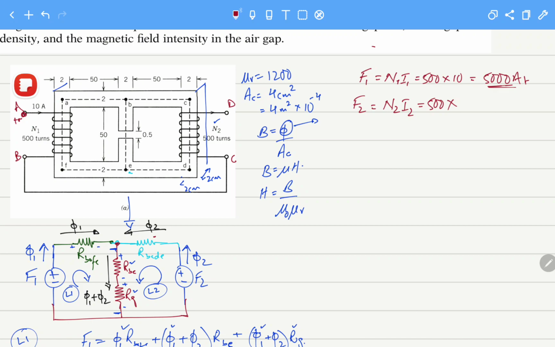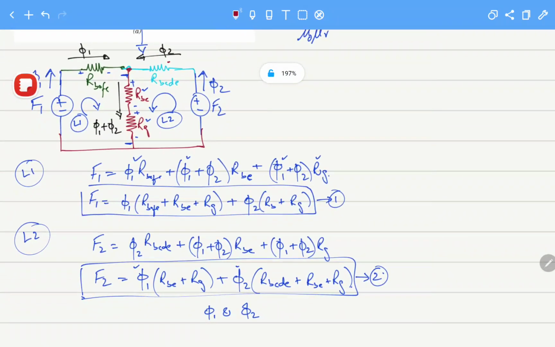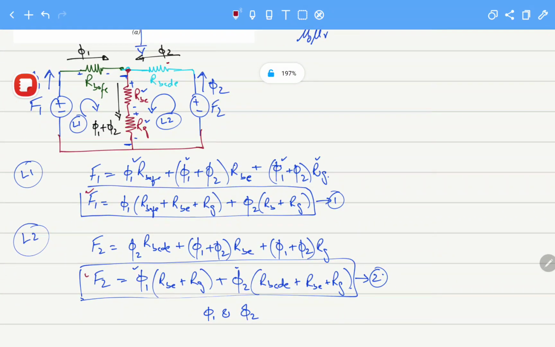This is the positive terminal of the battery, this is the negative terminal. So the same amount of current is actually leaving the coil also. This is the same coil, and that's the magic of electromagnetism. So we have 10 ampere and 10 ampere, so again we have 500 times 10 equals 5000 ampere turns. So for these two equations, we have calculated F1 and F2.